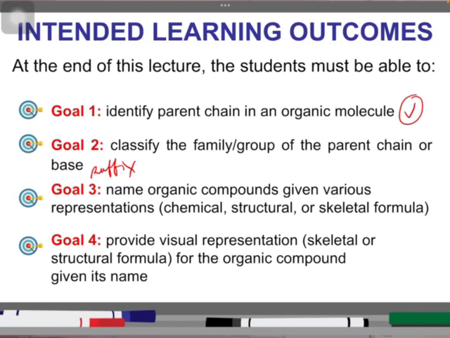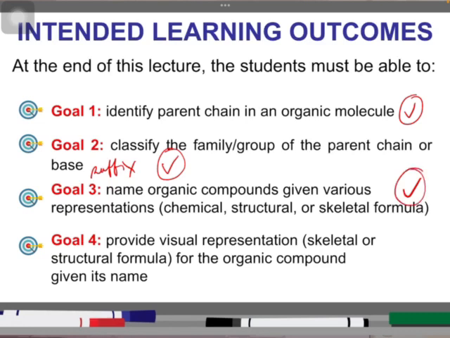We have your esters as oate, and our carboxylic acid is oic acid. Goal number 3 is also attained. So, we were able to name organic compounds given various representations. But for me, I mostly use the skeletal structure.